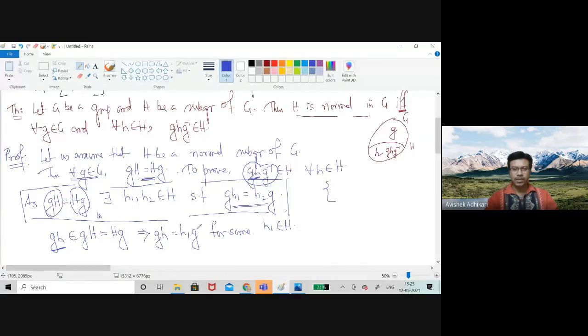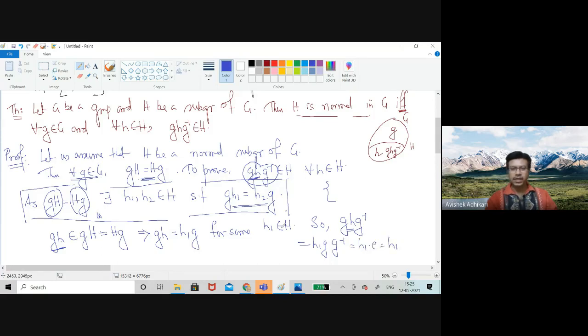If you understand this step, then this step is trivial. So g h g inverse equals, what is this gh value? gh is the same as h1 g, so h1 g g inverse. And what is this value? It is e. So h1 into e, and this is h1.